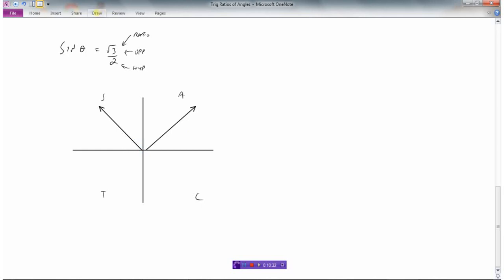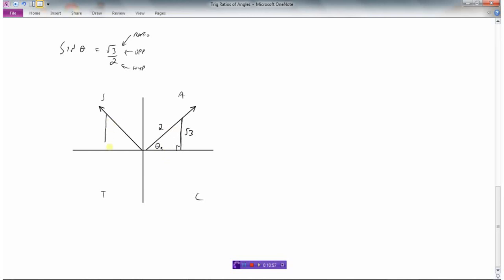And if I dropped a perpendicular down here, I could make a triangle in this quadrant where the opposite side is root 3 and the hypotenuse is 2, because this is a positive y value and this is a positive hypotenuse. So this is one possibility. I could have one angle there.